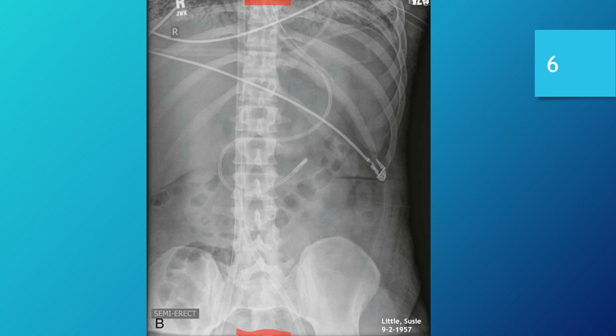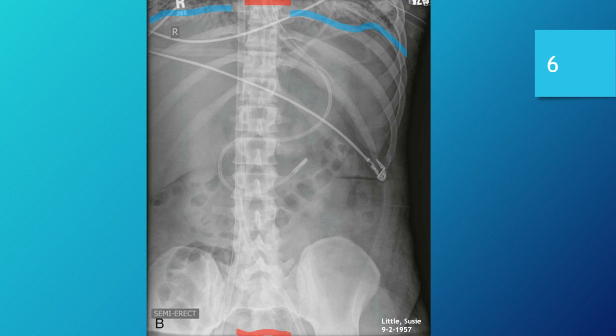With that being said, we do have a notation in the lower corner indicating that this was a semi-erect study. And going off of that, if that were the case and we were concerned about something of that nature, then we can come up here and get a little reference line going.